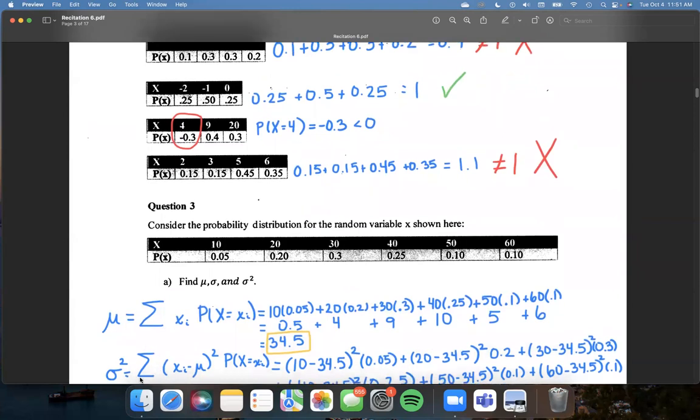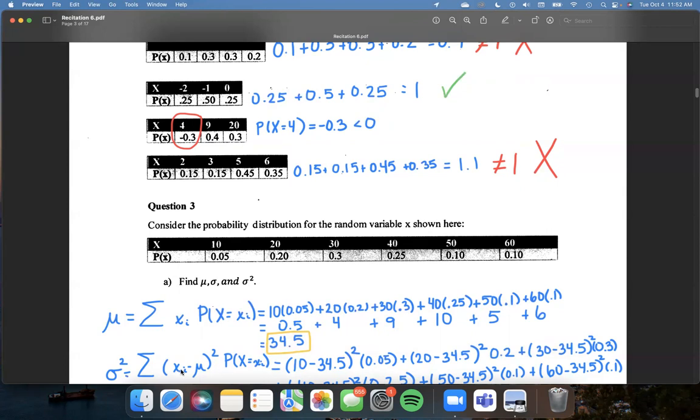So as given earlier in our definitions at the beginning of this recitation, it equals the sum of xi minus mu squared times the probability of x equal xi. So we're going to use the mu that we just found in the yellow box.